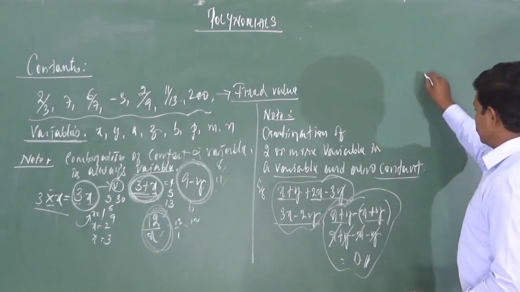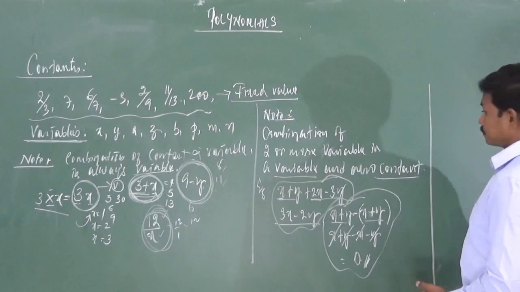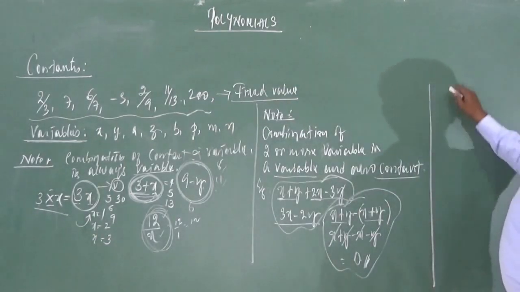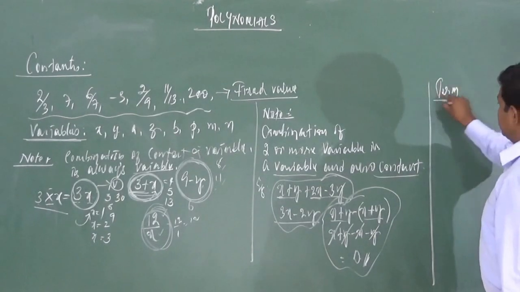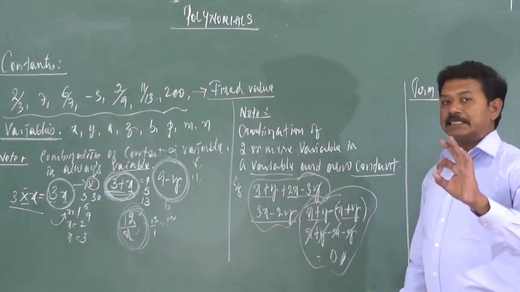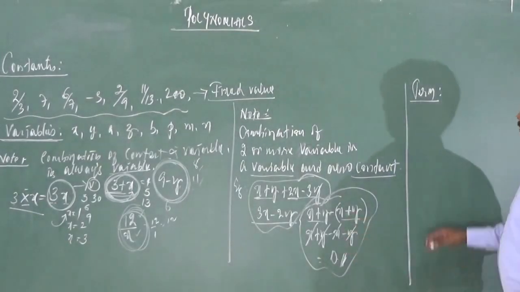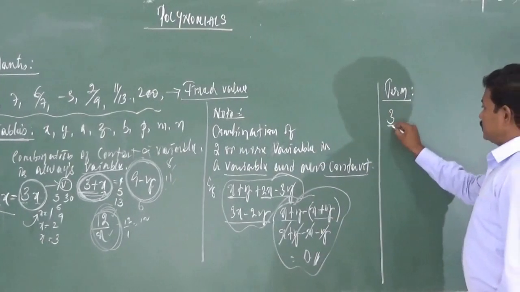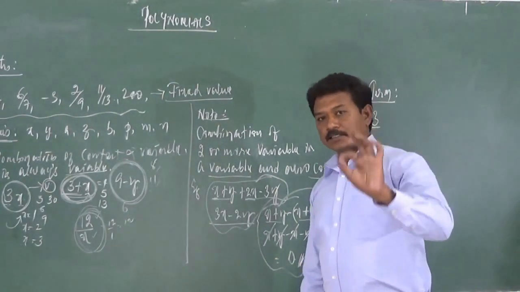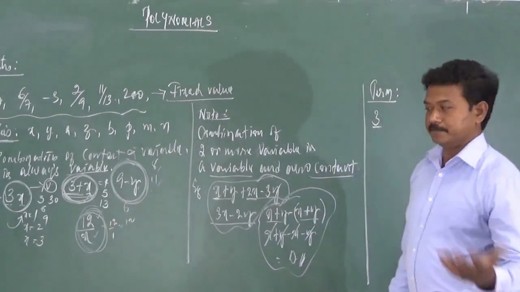Okay, so we will go with the next concept. Let us go with a very basic, important terminology, that is term. So what is a term? 3 is a term. In algebra, when we write a constant, that constant is also called a term.